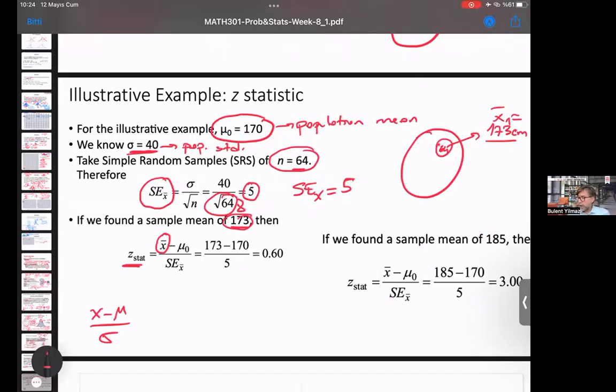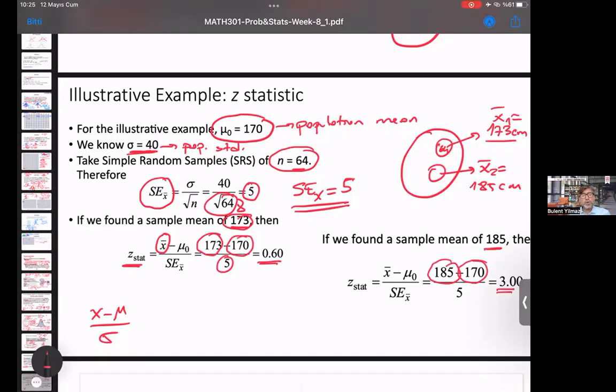I took another group, 64 people, and I found the mean being 185 centimeters. Now I'm going to say this is 173 minus 170 divided by 5. This is something that I found before. It is 0.60. If we found the sample being 185, then it will be 185 minus 170 divided by 5, which is going to be 3.